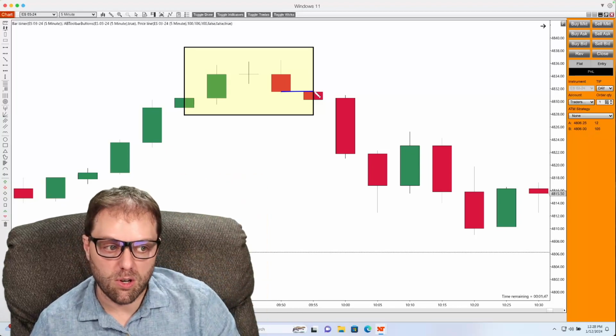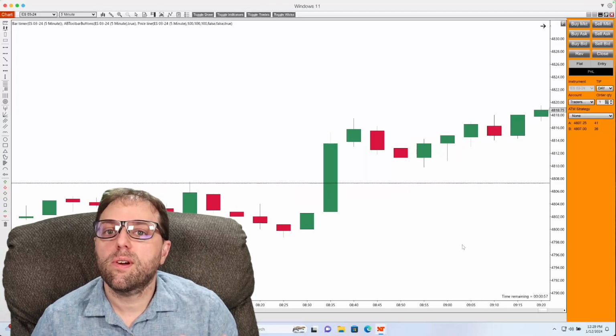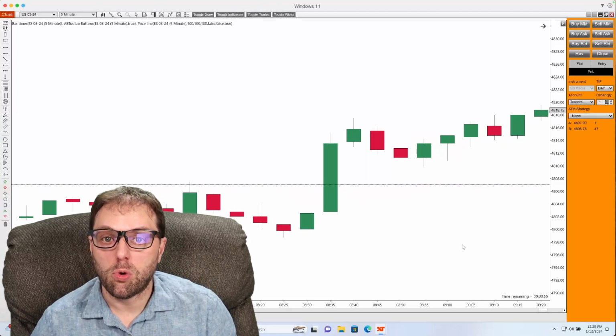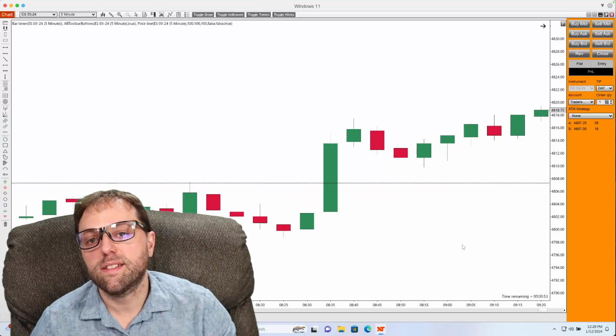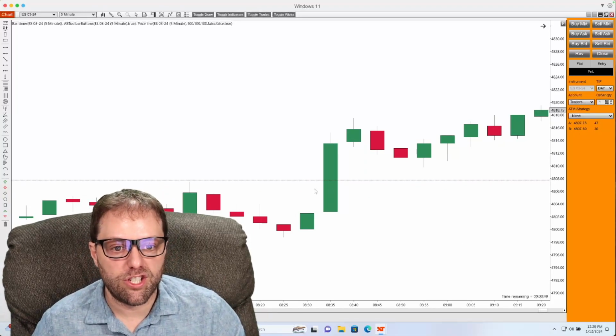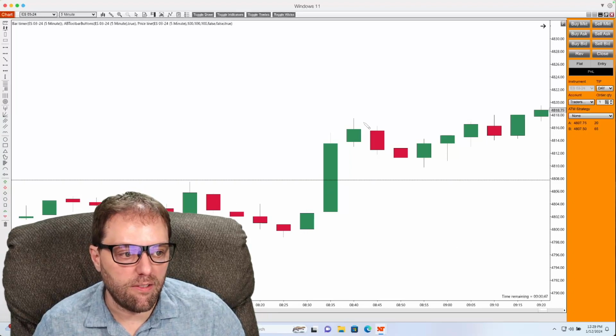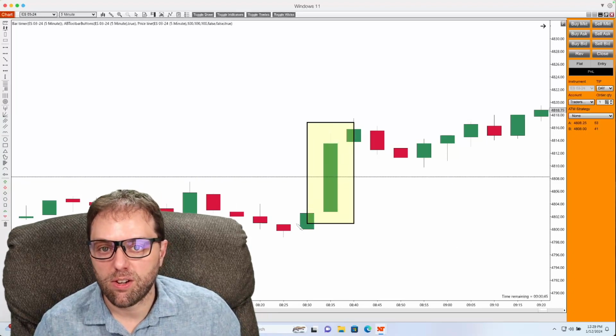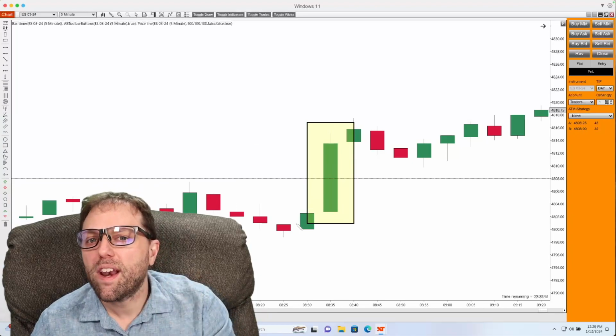Another common candlestick formation an individual may recognize on a chart is what is called a bullish engulfing candlestick. Now on this chart, here is an example of a bullish engulfing candlestick. Now what does that mean?